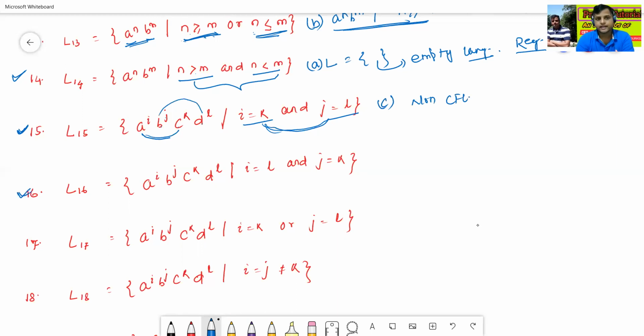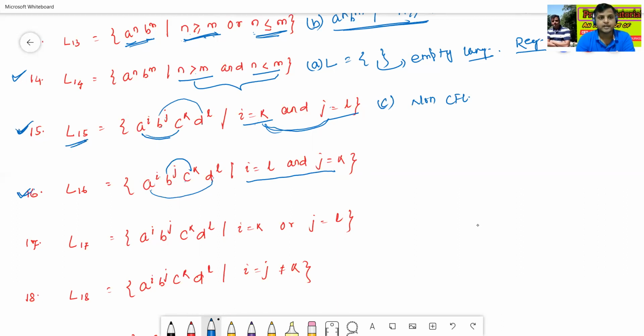16th question. A to the power i, b to the power j, c to the power k, d to the power l. Here i equals l, j equals k. What is the difference between 15 and 16? Here also there are two conditions, but for the 15th question we cannot construct the push-down automaton.